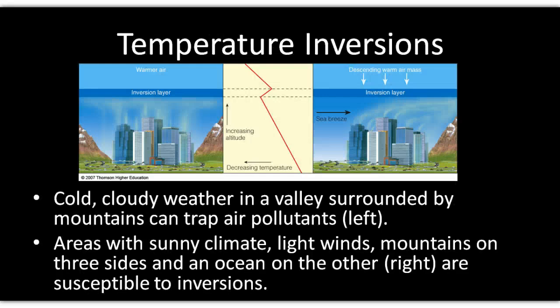Looking at a city that is landlocked or trapped between mountains, let's say Los Angeles, in a valley, they naturally are going to have warm air rising. But if they don't have a flow of air going through there, that warm air is eventually going to sit up here and form almost a cap.